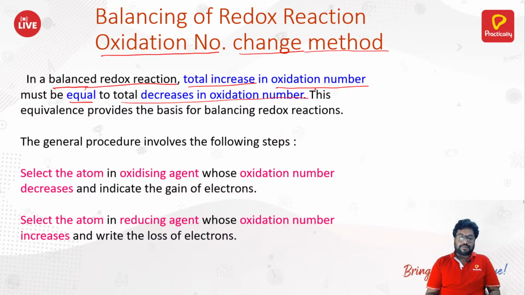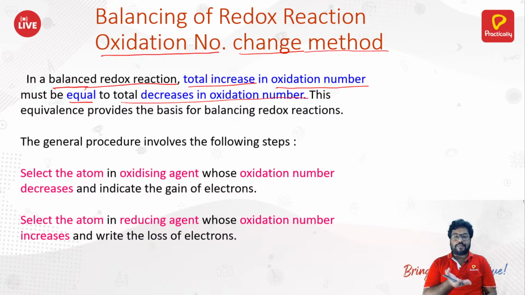That means, suppose you have an increase in oxidation number of 5 on the left hand side, then you should have a decrease in oxidation number of 5 on the right hand side. Then and only then can that redox reaction be called a balanced redox reaction. This is a kind of equivalence.